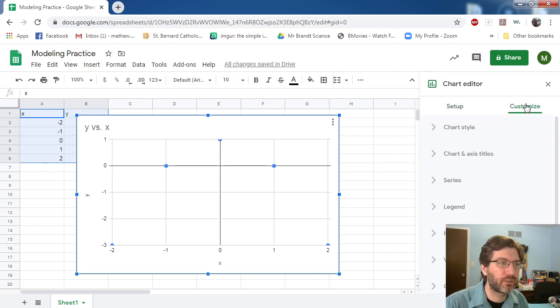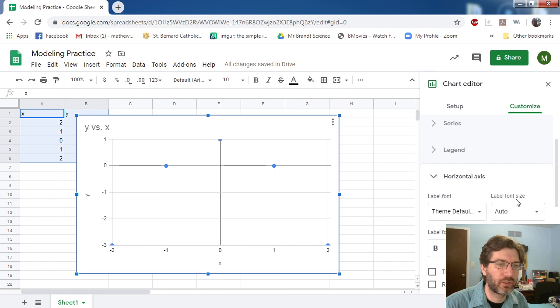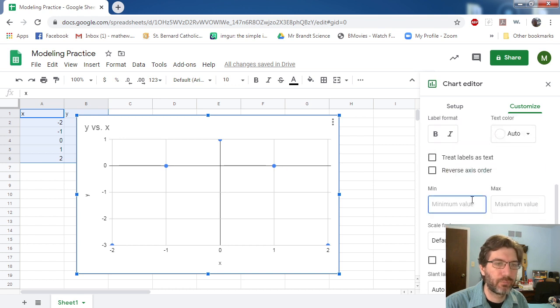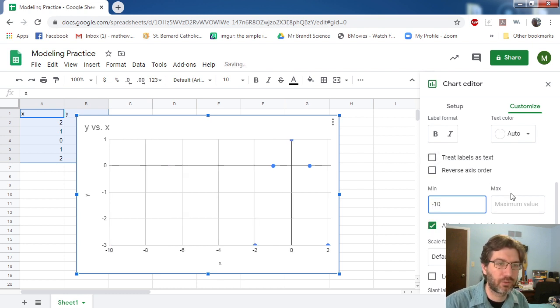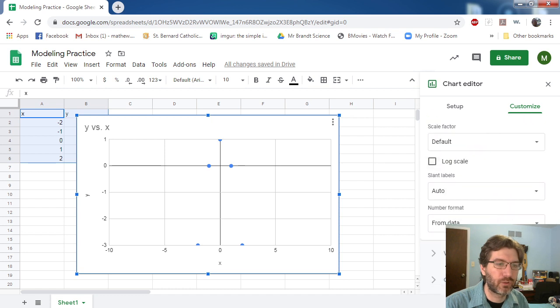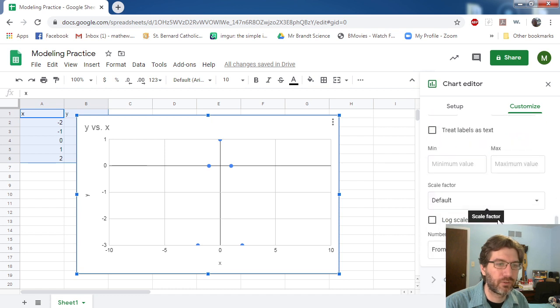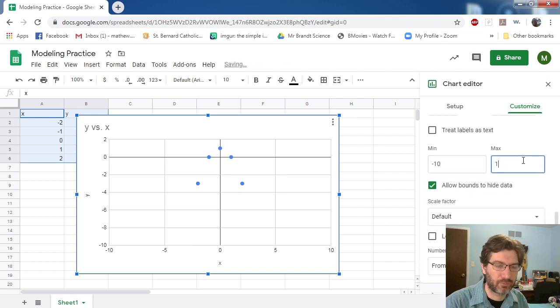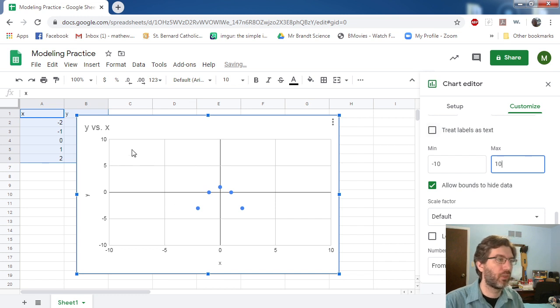And then over in customize, just so you get a better view of this, you're going to click on your horizontal axis, which is your left and right, and we're going to change our min and max down here. So just scroll down to your min and max. We're going to make this -10, and we're going to make this +10, just so we get, hey, this goes all the way out to 10s on those sides. And then you're going to do the same for your vertical axis. Scroll down to your min, make that -10, and your max, make that 10. So it's just going to count to those.